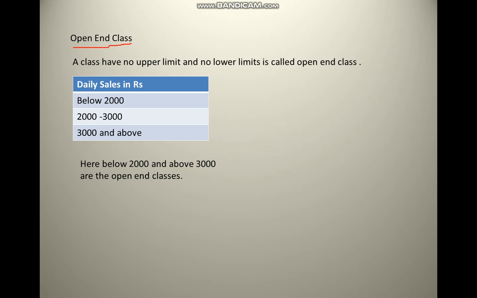So this one, below 2000, and this one are the open end classes. Okay, this is the open end class.